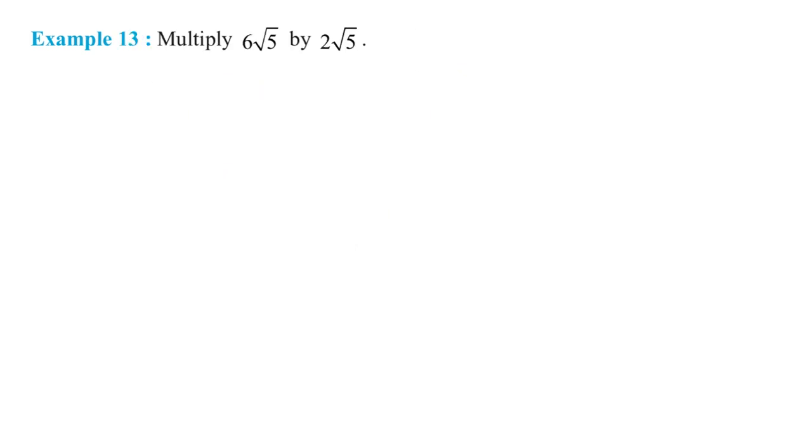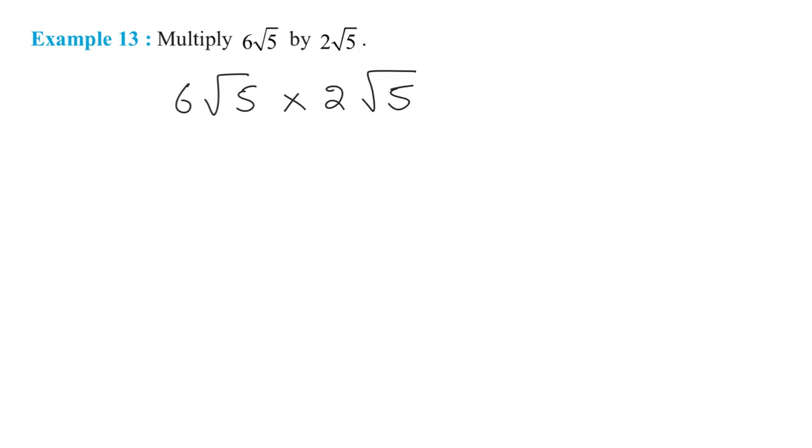Let us multiply two irrational numbers. Don't worry about the example number. How is it 13? Focus on the problem. Multiply 6 root 5 times 2 root 5.